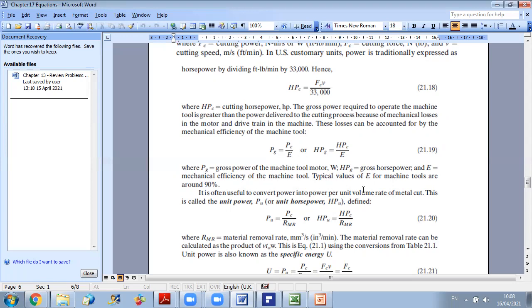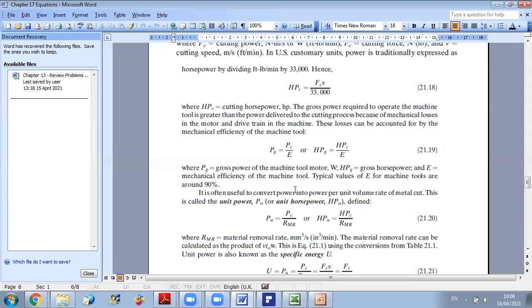And in general, the efficiencies are relatively high. So the typical values of efficiencies for machine tools are around 90%. Now, sometimes they can also ask you to find the power per unit of volume rate of metal cut.